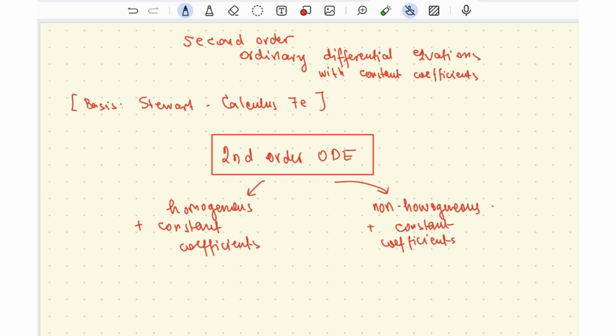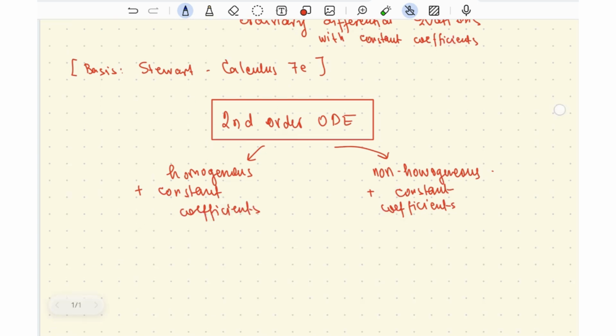We have homogeneous and non-homogeneous cases, and both of them have constant coefficients. So in case of a homogeneous equation, we will have something like a y second derivative plus b y prime plus c y equals 0, where a, b, c are constants.